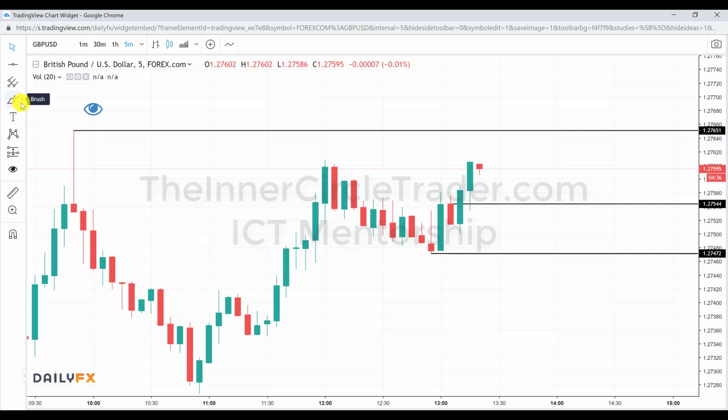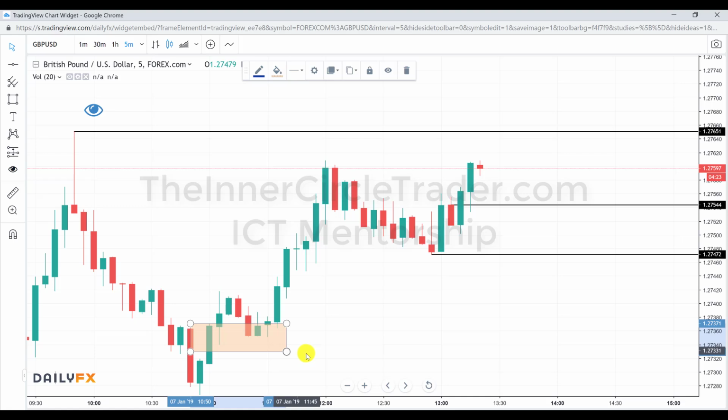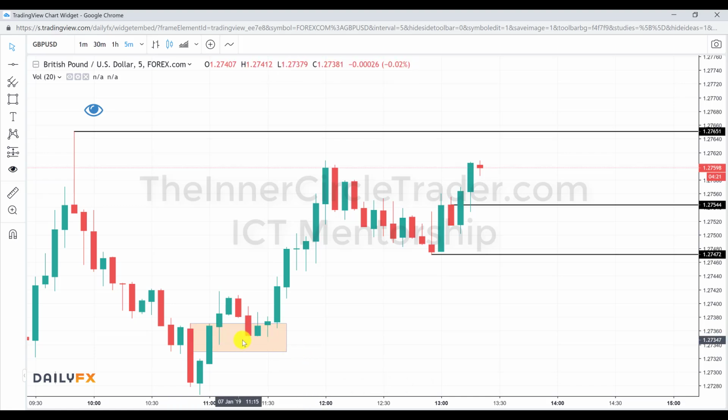We'll just use a rectangle just to highlight the order block. Okay, so I'm using the upper half of the order block at each, just to give you a graphic depiction.